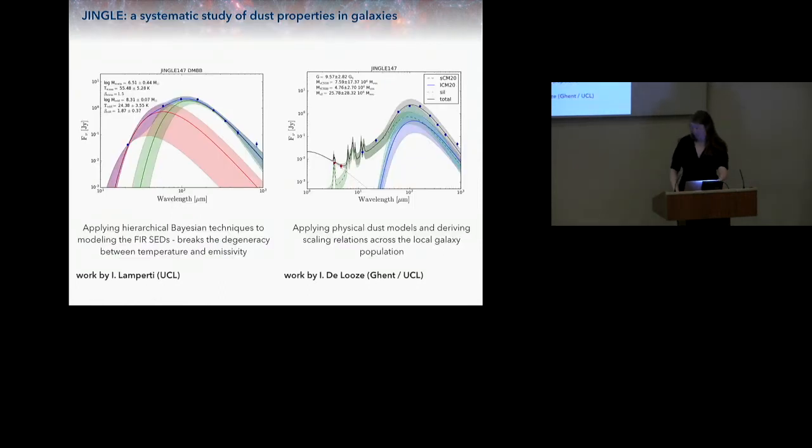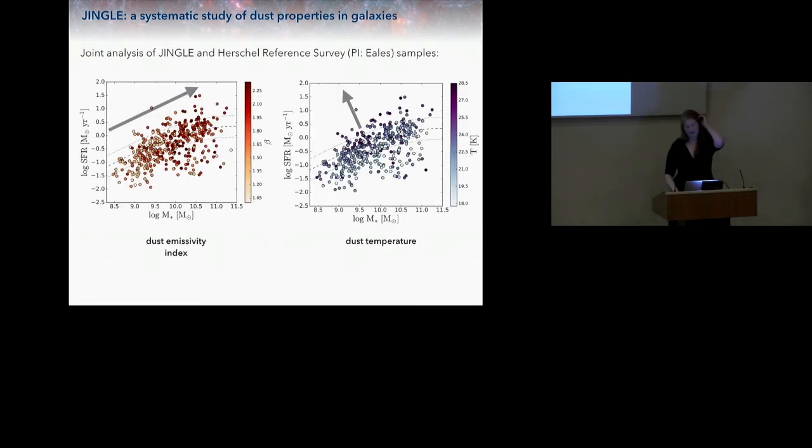What we're investing a lot of time in, and the wonderful people actually doing that work are here today, so I have to thank them as well, is applying some very complex statistical tools and some very detailed models for dust physics to model our observations, to get a really good understanding of the properties of dust across all these galaxies.